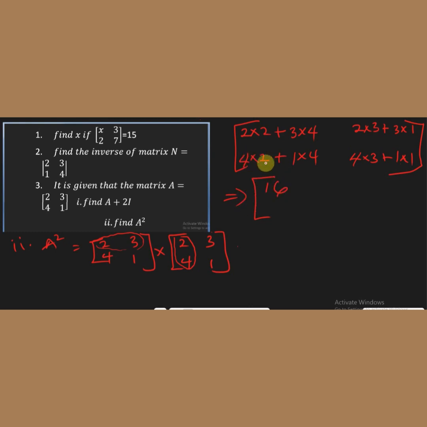Then 4 times 2 here is 8. 1 times 4 here is 4. 8 plus 4 is going to give me 12. 2 times 3 here is going to give me 6. 3 times 1 here is going to give me 3. 6 plus 3 is 9. 4 times 3 here is 12. 1 times 1 here is 1. 12 plus 1 is 13.